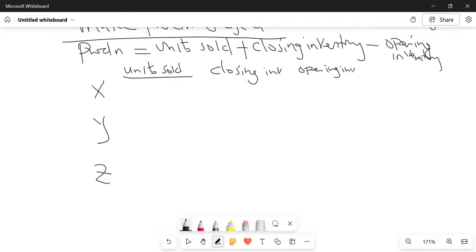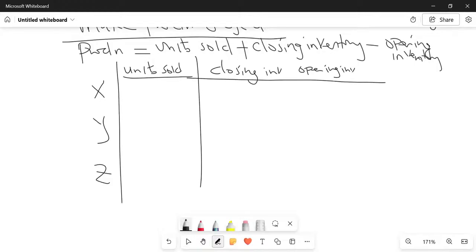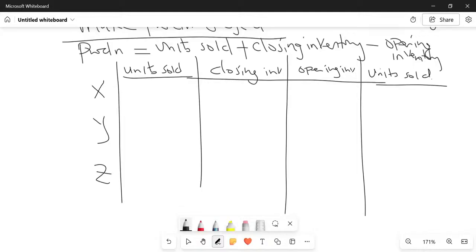The moment I combine the three columns, I should be able to get the production. Very easy. That is our budget.